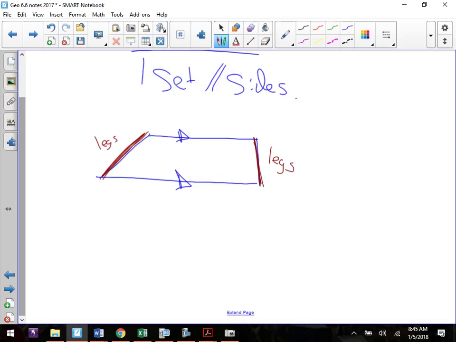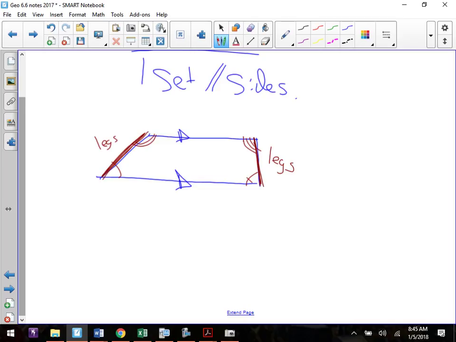We usually call those parts legs, and the angles on the legs, those two angles will always be supplementary. Because if you think about it, they're consecutive interior. So these angles here and here will be supplementary. These two angles will be different, but they'll also be supplementary.